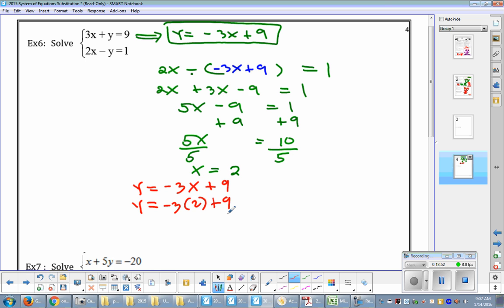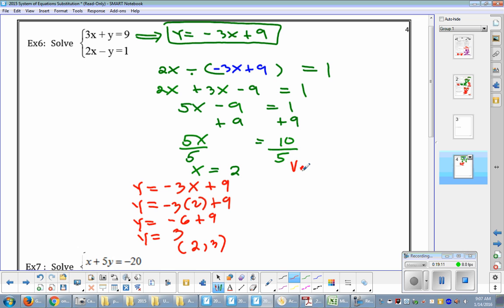Okay. What's negative 3 times 2? Negative 6. When you add 9 to negative 6, you're going to get a positive 3. So the solution that we have here is x equals 2, y equals 3.